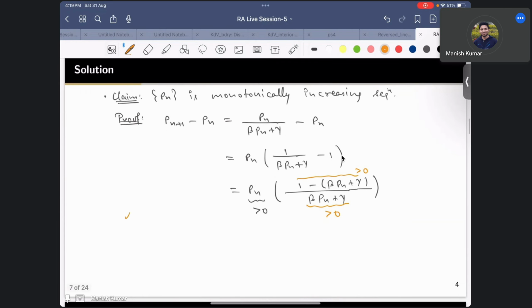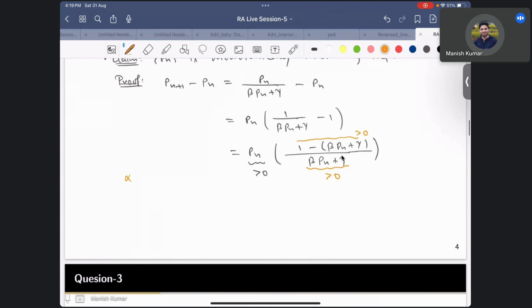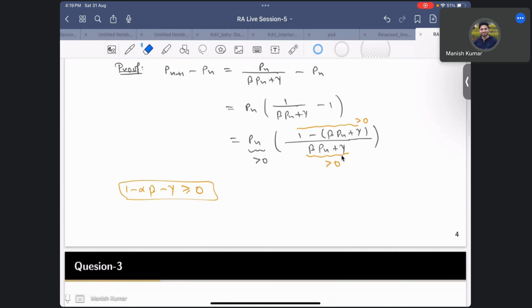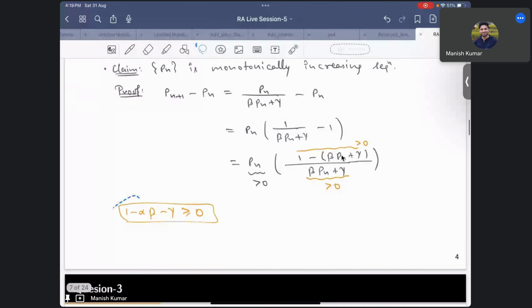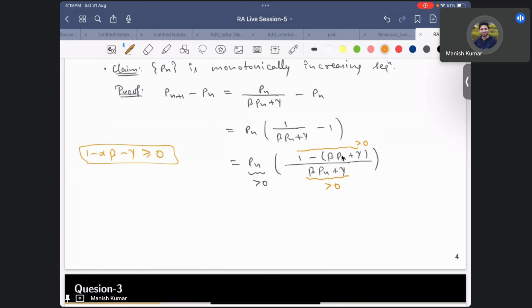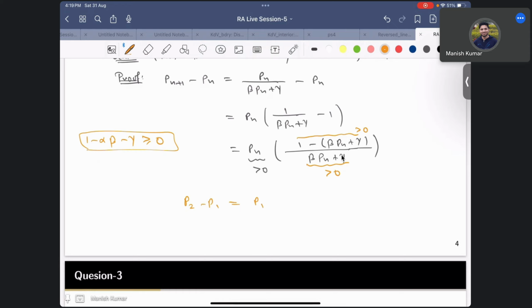So we have alpha beta plus gamma is less than or equal to 1. That means that 1 minus alpha beta minus gamma is greater than or equal to 0. If I use this here, you can clearly see that P2 minus P1, let me just do P2 minus P1, then I have P1 times 1 minus alpha beta plus gamma, since P1 becomes alpha, and in the denominator you have alpha beta plus gamma, right?